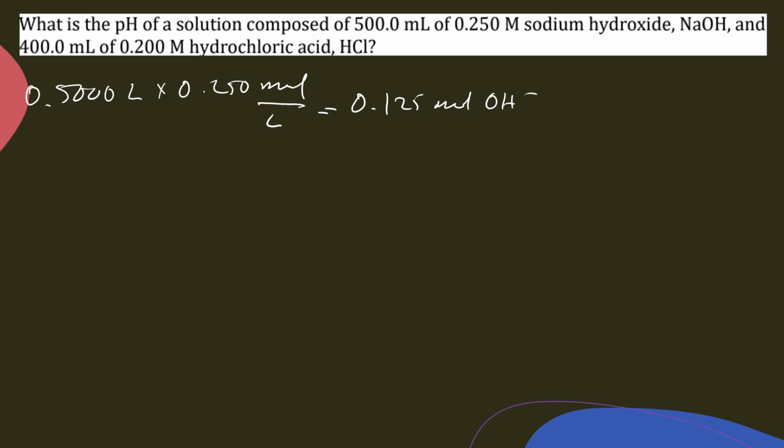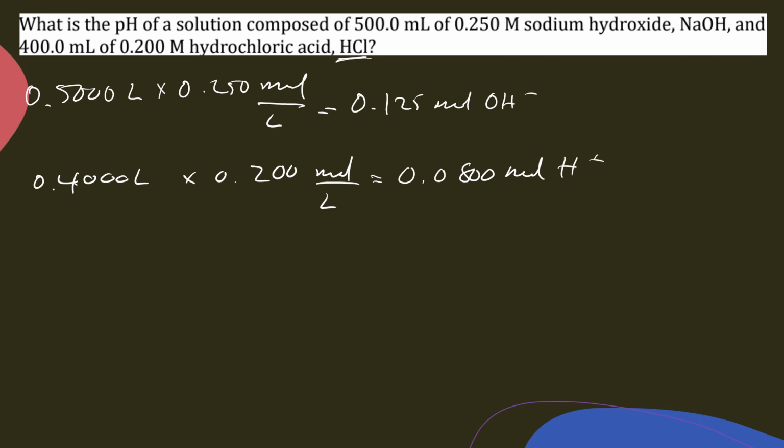These are in a 1-to-1 ratio, so we keep an eye out for that. If it's not, you have to adjust. Then 0.4000 liters times 0.200 moles per liter. Again, luckily for us, these are in a 1-to-1 ratio, so the moles of H will equal the moles of the Cl minus. That's 0.0800 moles of the hydrogen ion.